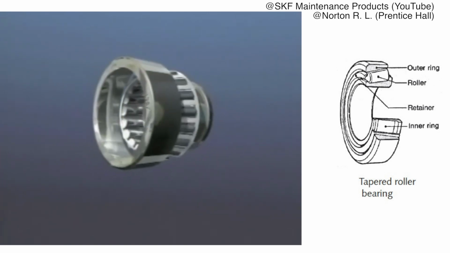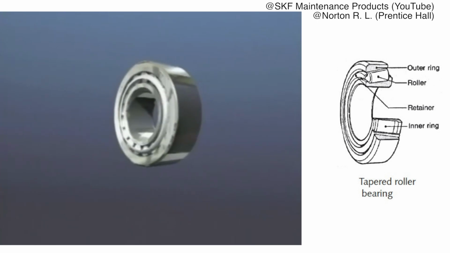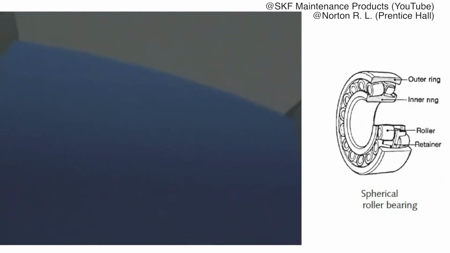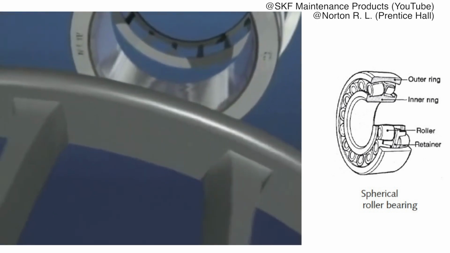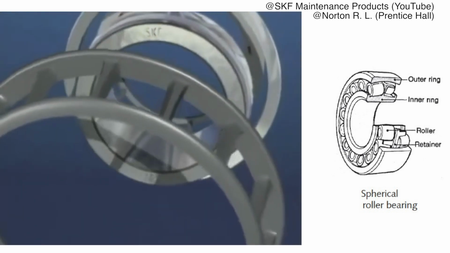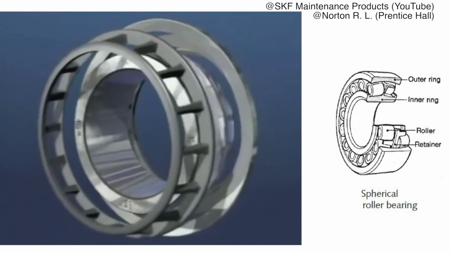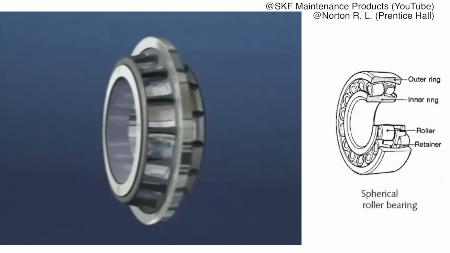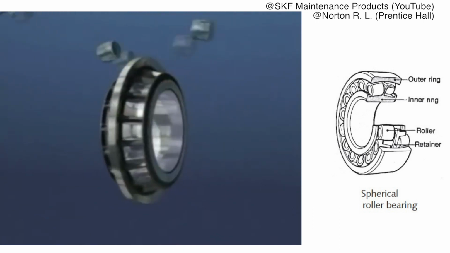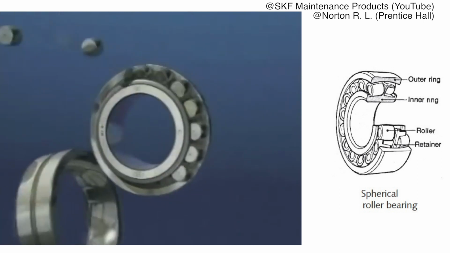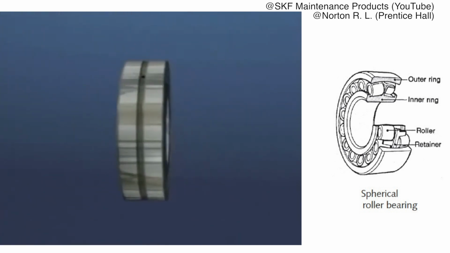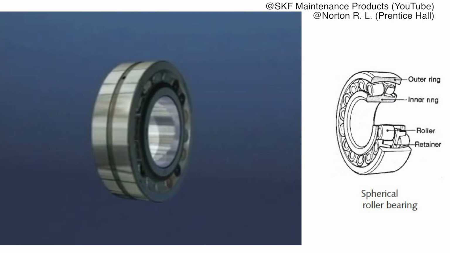Tapered roller bearings are used where radial and thrust loads are present. Spherical roller bearings are used to handle high radial loads and are designed to adjust to misalignment of rotating components. They are used in applications such as gear drives and continuous casters.